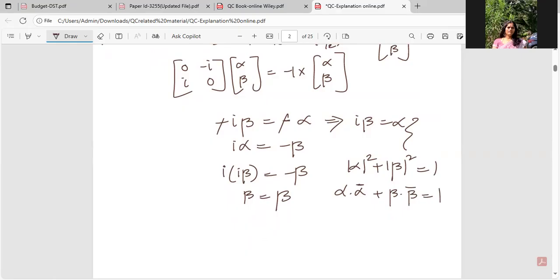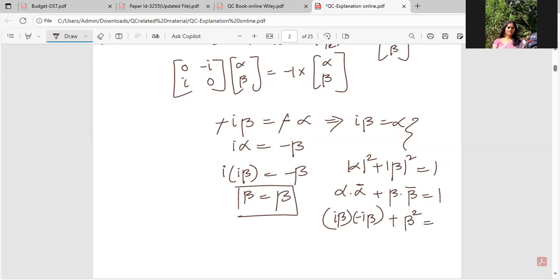It is not a real number, so it is not just the square, it is the conjugate. Of course, if beta is real, then the conjugate of a real number is itself, so beta would be beta only. Similarly with alpha also. Now, alpha is I beta. Its conjugate would be minus I beta. Plus beta is beta only. Nothing like I or something like that.